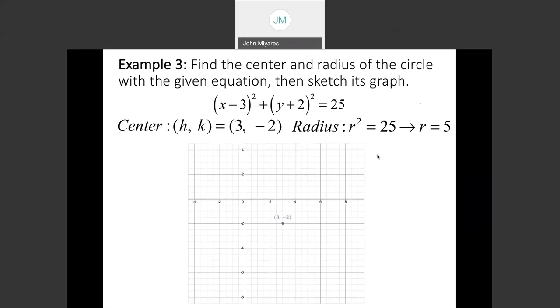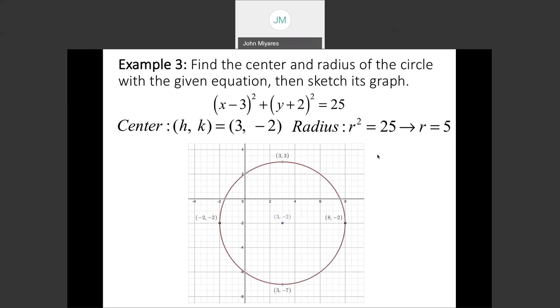From there, I'm going to plot 4 key points. First, I'm going to go right 5 and left 5 to get the points 8, -2 and -2, -2. Then I will go up 5 and down 5 from the center point to get the points 3, 3 and 3, -7. From there, I will draw my circle through those key points.